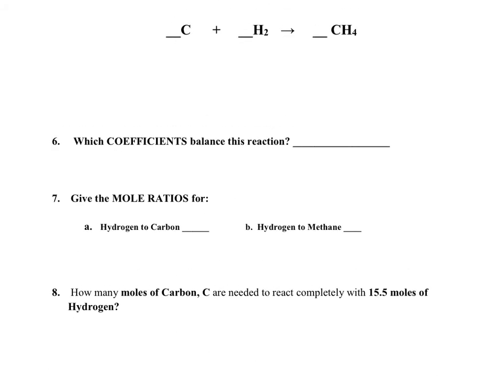All right. So I've got C plus H2 produces CH4. So let's balance this equation. I've got 1 carbon, 2 hydrogens, all in a box, 1 carbon, and 1, 2, 3, 4 hydrogens, all in a box.